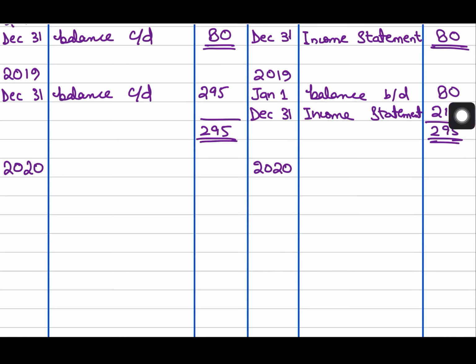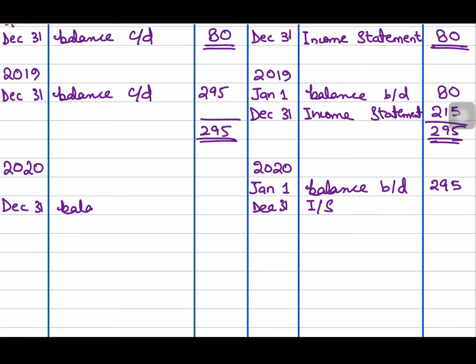The asset will be depreciated in the next year as well, even if we are not purchasing any new asset, but still the old ones will be depreciated. So balance brought down first 295, then the next entries will be the income statement value of course, and on December 31st the balance carried down.